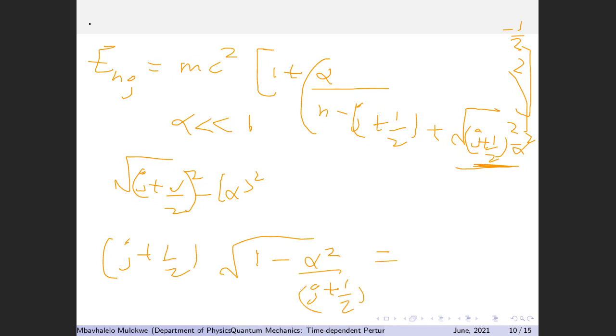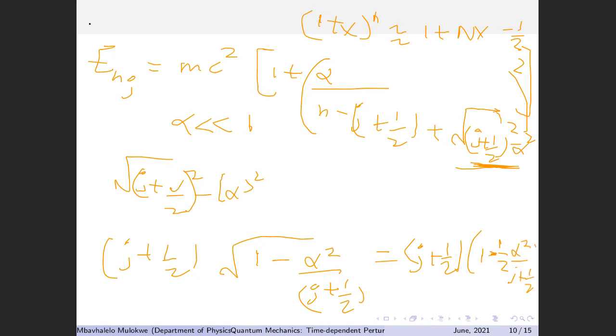And then you just make use of the binomial approximation, 1 plus x to the n is approximately equal to 1 plus nx. This is just an example of the things sitting in the denominator. That will give you j plus a half times 1 minus half alpha squared over j plus a half.